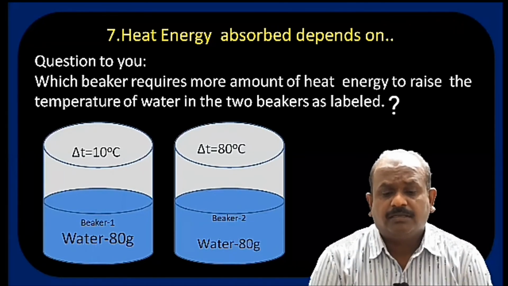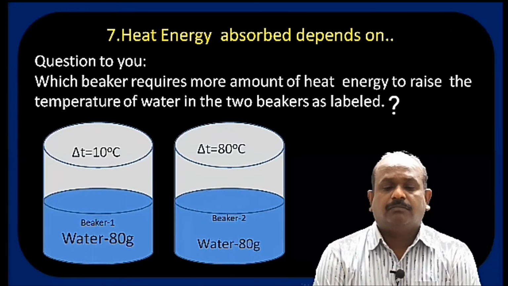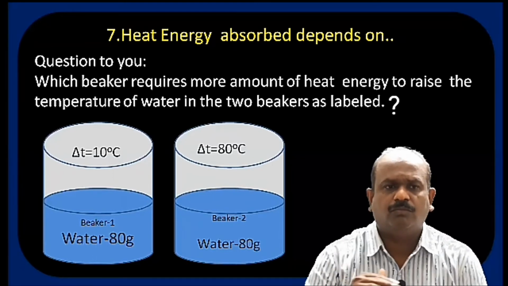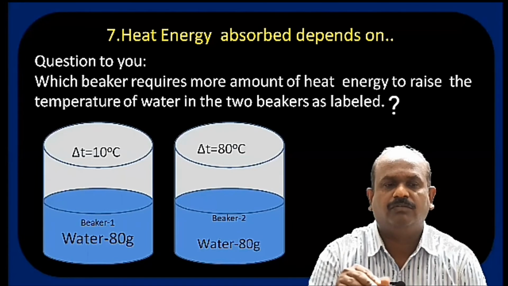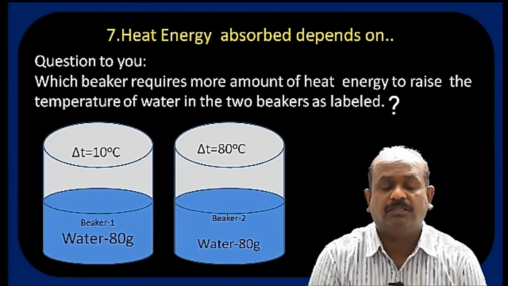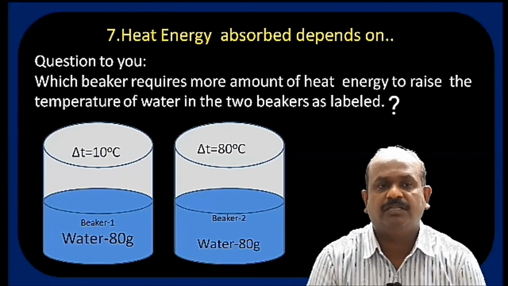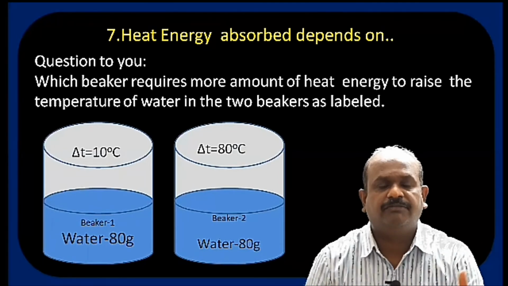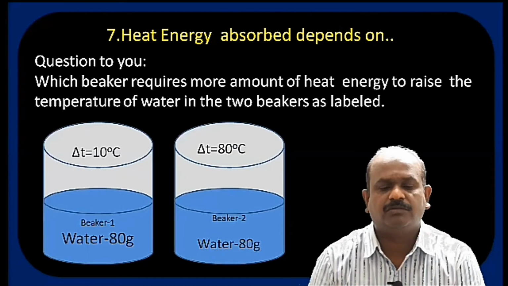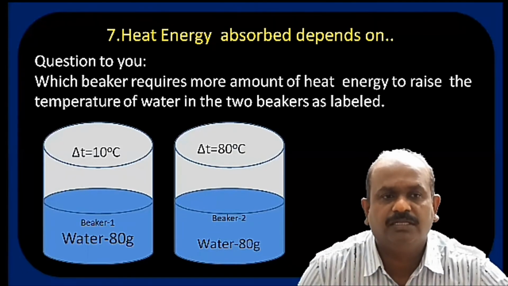It is very clear. If you want more temperature difference, not lukewarm, if you want to boil the water, you need to supply more heat energy. If you want only a 10 degrees Celsius difference, you need to supply a small amount of heat energy.